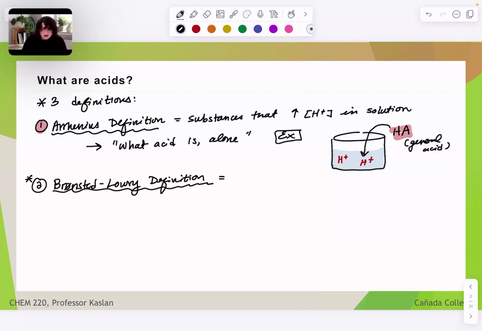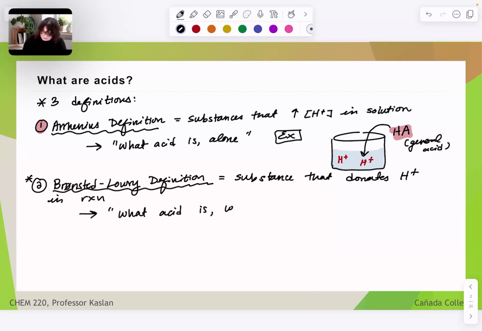So according to the Bronsted-Lowry definition, this is a substance that donates an H plus ion to something else in reaction. So if the Arrhenius definition is what an acid is alone, then the Bronsted-Lowry definition is what an acid is based on what it does.